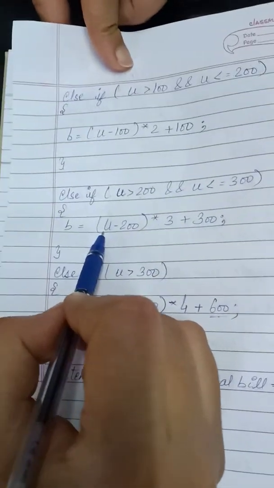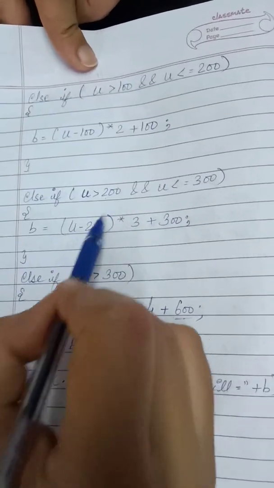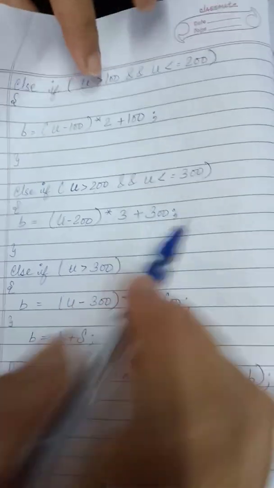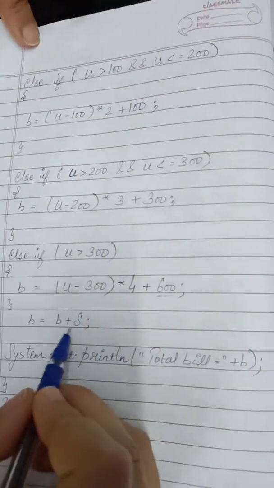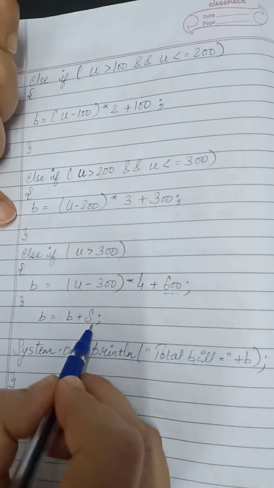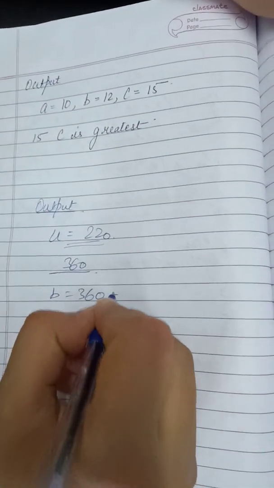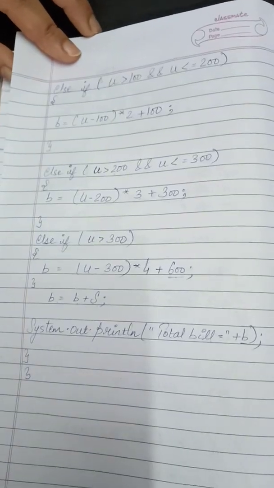So unit is 220. 220 minus 200 is 20, and 20 into 3 is 60. 60 plus 300 is 360. Now 360 is your bill, and bill plus 250 is 360 plus 250. This will be your answer, 610. Here it will print 610.